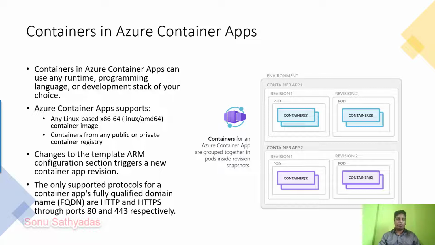It can be a .NET application, a Java application, or a Node.js application. But currently it supports only Linux-based images, so you can create and deploy only Linux Docker images into the container apps. And you can deploy them from any public or private registry.